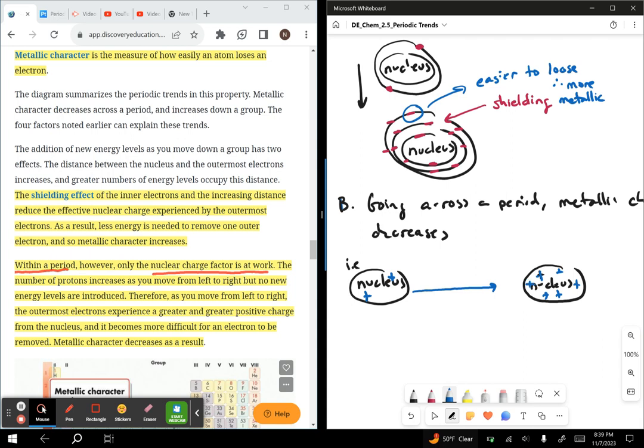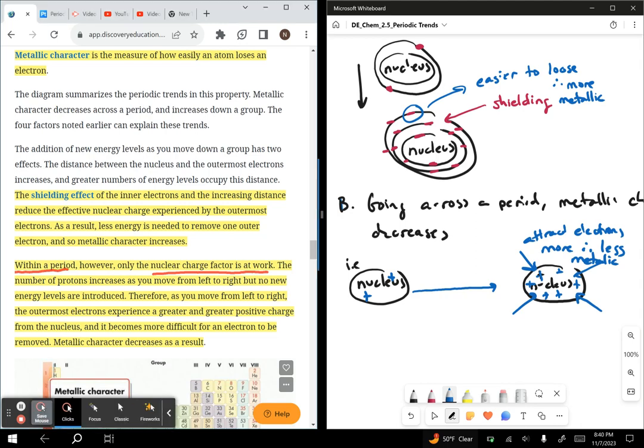If they both have the same number of energy levels, the only difference is the number of protons, then these protons are going to pull harder. They're going to attract electrons more. Therefore, these become less metallic because they do not want to lose their electrons, okay? And so that's kind of what it's saying there.